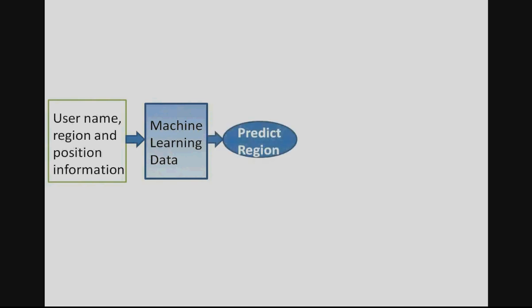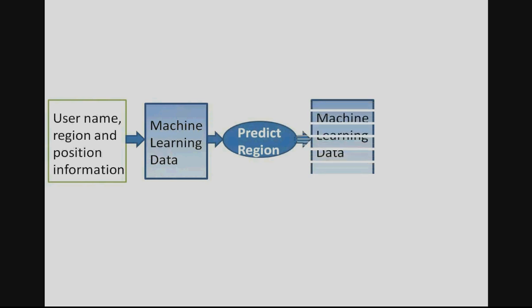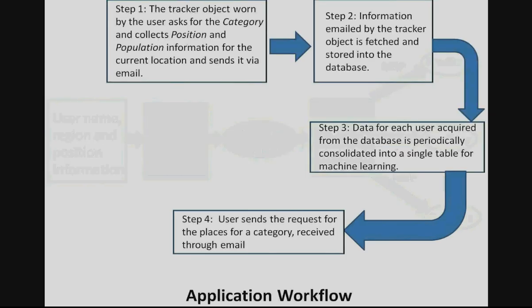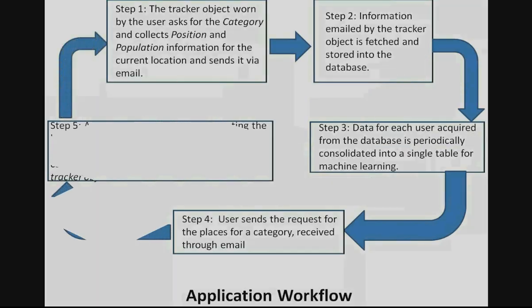The user is then displayed the options using a machine learning model where the username, region and position information is fed into the data that we already have in our database to predict first the region, and then the region information is combined with the machine learning data to predict the future XYZ locations for the user.